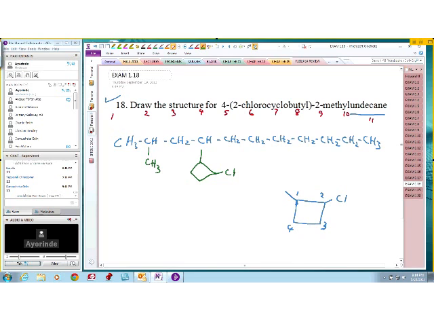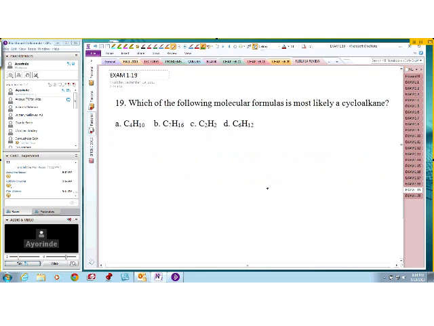Okay? Do you follow that? If you follow that, give me a happy face. Okay, very good. This should be fairly easy here. Ronald Raymond, can you read 19 for us? Which of the following molecular formulas is most likely a cycloalkane?